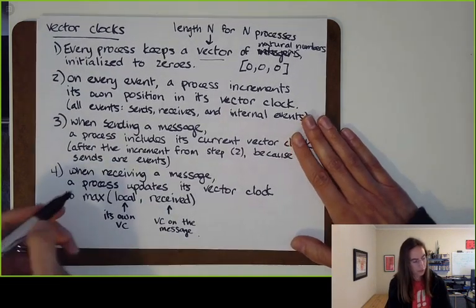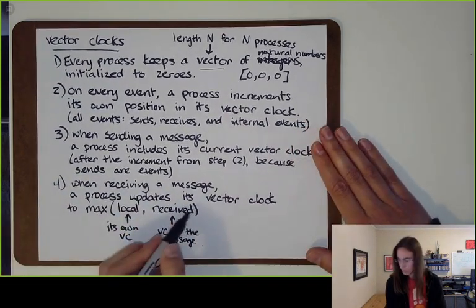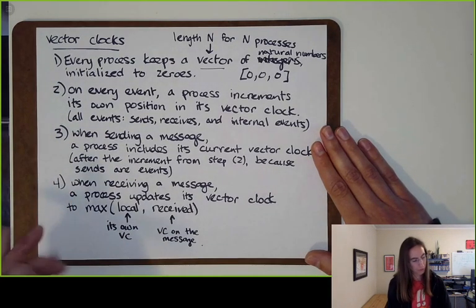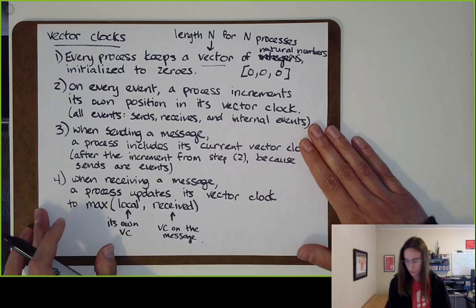And it's also going to increment its own position in its vector clock according to step 2, because receiving is also an event. So this is all going to happen just like here.